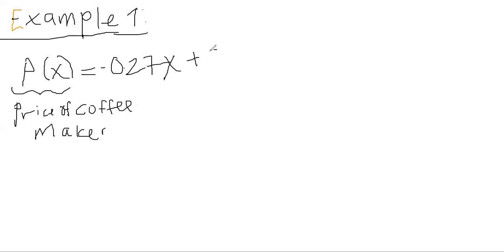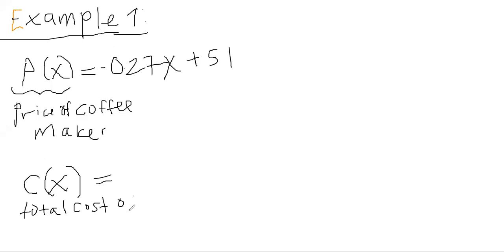Minus, plus 51. This is the price. Then beneath it, we have the cost. The cost of producing this coffee maker is given to us by this. That is the total cost. So this C of x is the total cost of producing coffee maker.